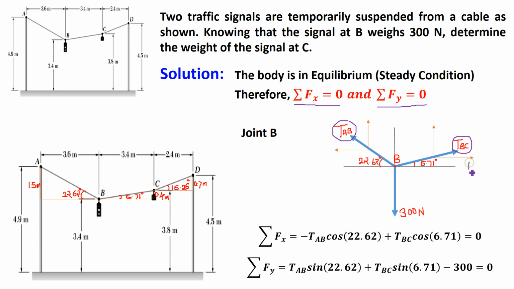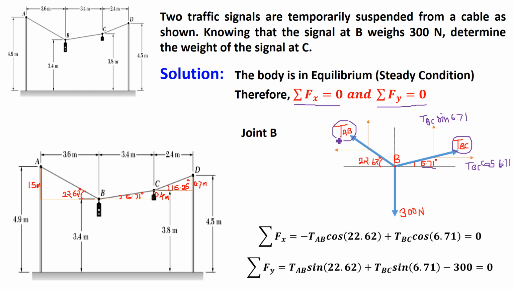The value of the x component is tension BC cos of 6.71. Since the angle is 6.71 with respect to horizontal, this one is cos, and this one is tension BC sine of 6.71. Both are plus because it is in the first quadrant.